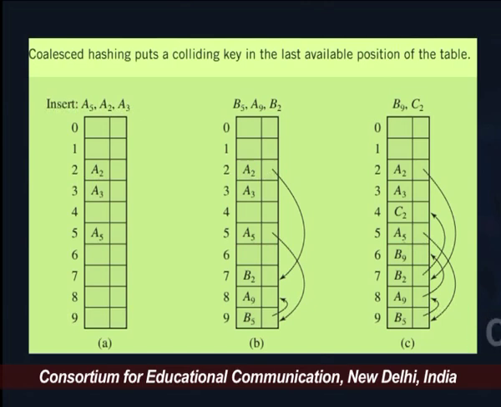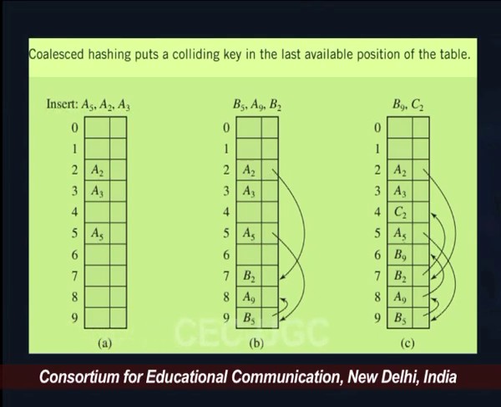Then there is a link from A5 to B5, and B5 is occupying position 9, the position of A9 basically. If there is a search which is looking for A9, then it will be immediately redirected to position number 8. Who is going to redirect it?